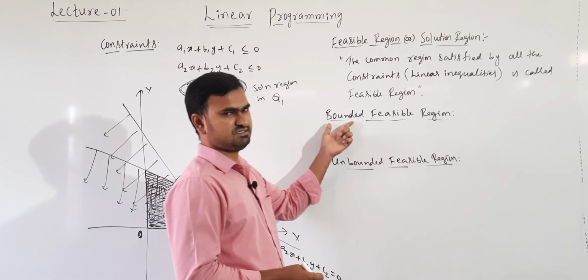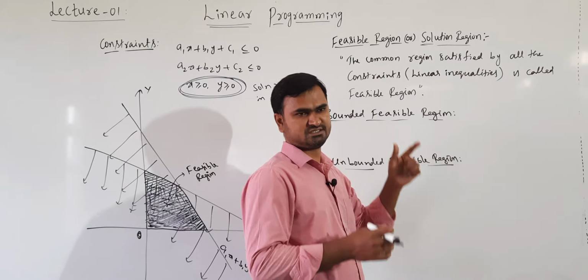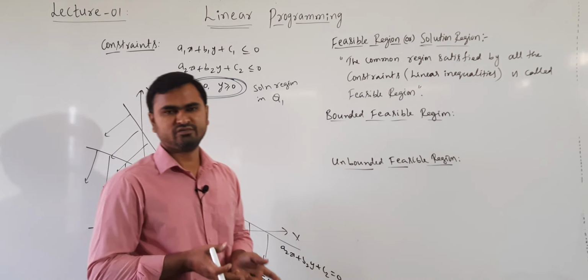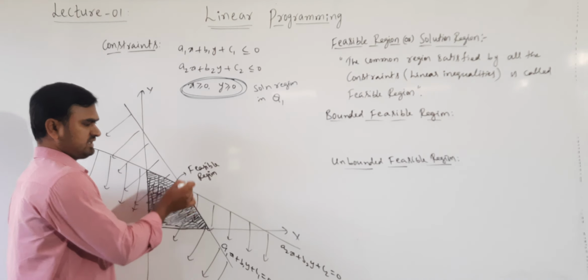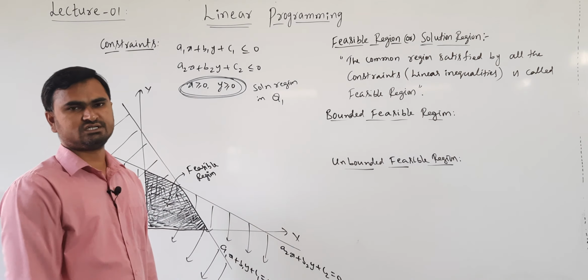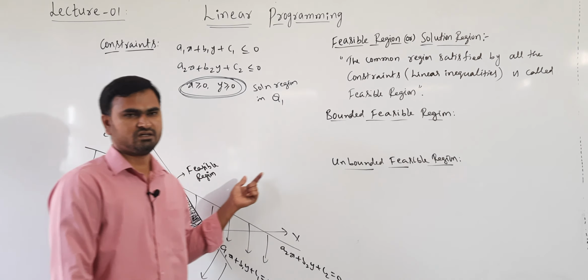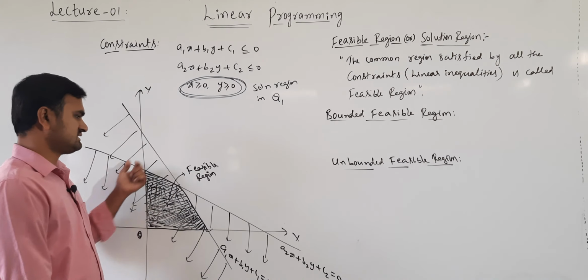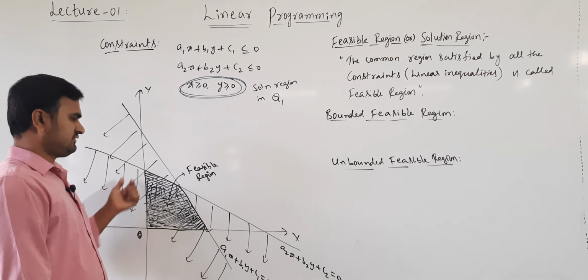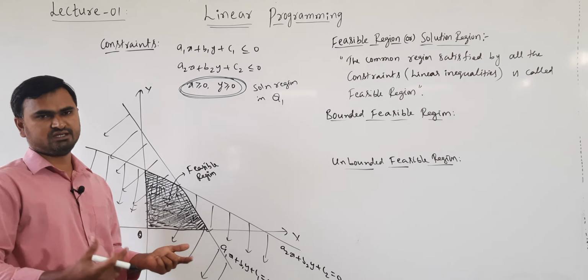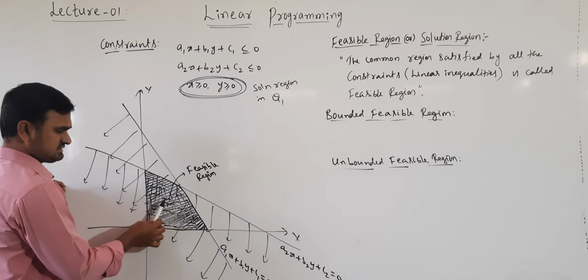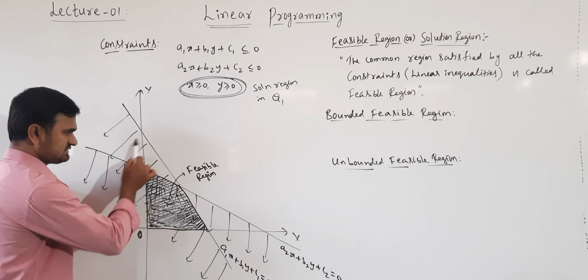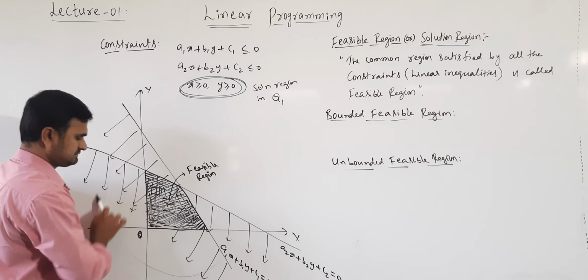So bounded feasible region means it is bounded in between some boundaries. The feasible region which can be enclosed in the form of a closed shape, that can be a square or a circle, anything we can take. Now here this is the feasible region. I can enclose this in the form of a closed diagram.